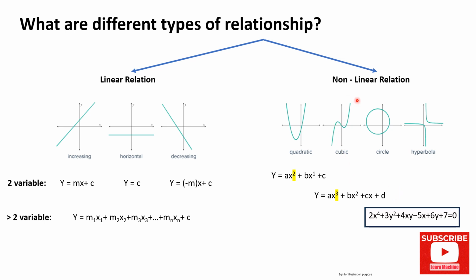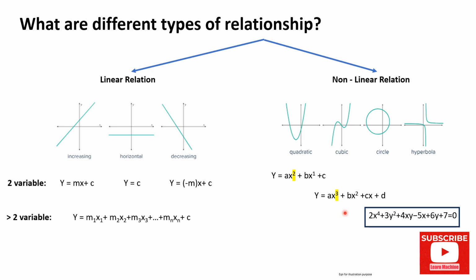Now we have some higher order relationships as well. When I say higher order, it means that their power is 3 or more. For example, see this, x to the power 4, y square. These are called complex relations or higher order equations, which are very difficult to interpret or visualize in two dimensions.